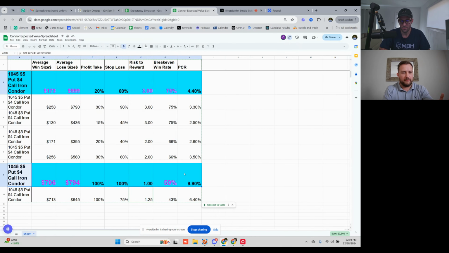Are you basically saying that in real life, that 80% or 75% win rate is going to perform a lot better than that 51%, even though the P&L on the 50 was like 34,000 and the P&L on the 75 was like 15,000? It's going to be a lot closer to that actual P&L on the 75% one than on the 50%. So the concept here is that they both have a benefit to them.